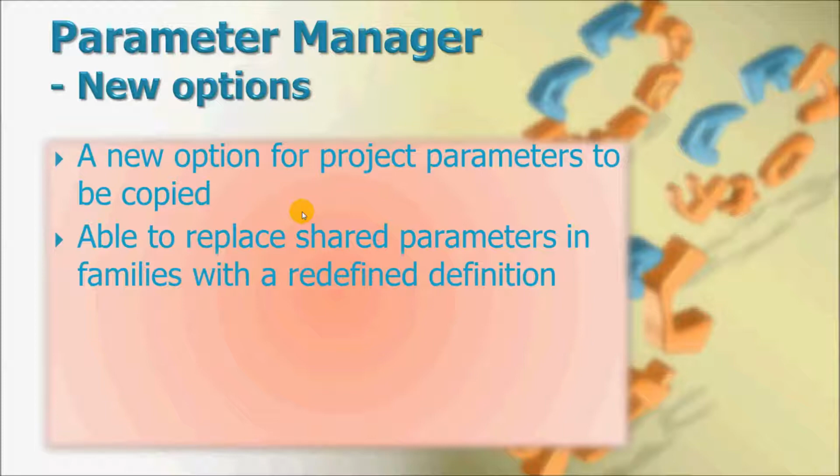With the updates to the Parameter Manager, you'll now be able to merge the new definition, or the new GUID, into families so that all families are using the one definition. I'll show you a bit more about that in the following examples.